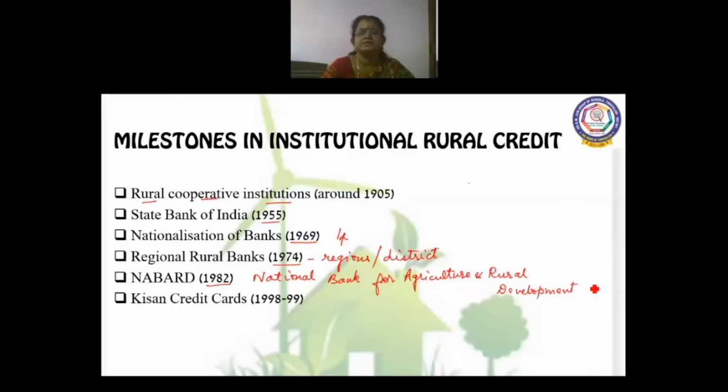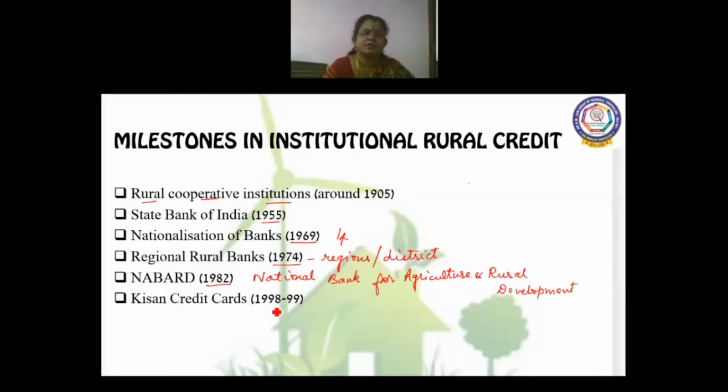This bank is the apex bank for coordinating the activities of all other banks which are extending loans to the marginal farmers. Like how the Reserve Bank of India is the apex bank for other commercial banks, similarly, NABARD is the apex bank for other rural banks which provide finance to the farmers.